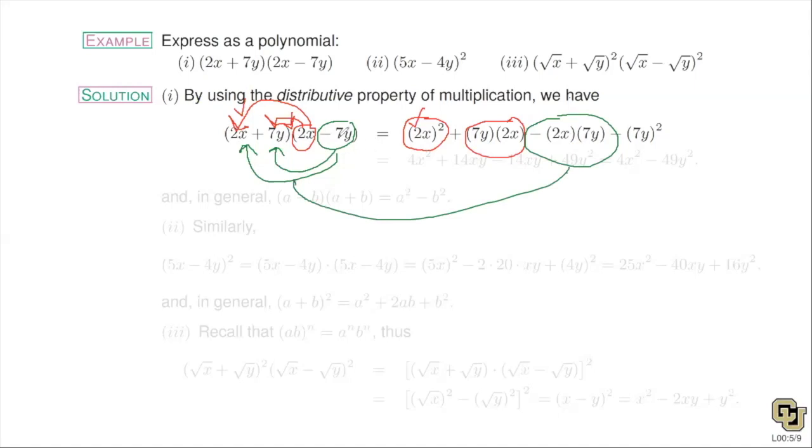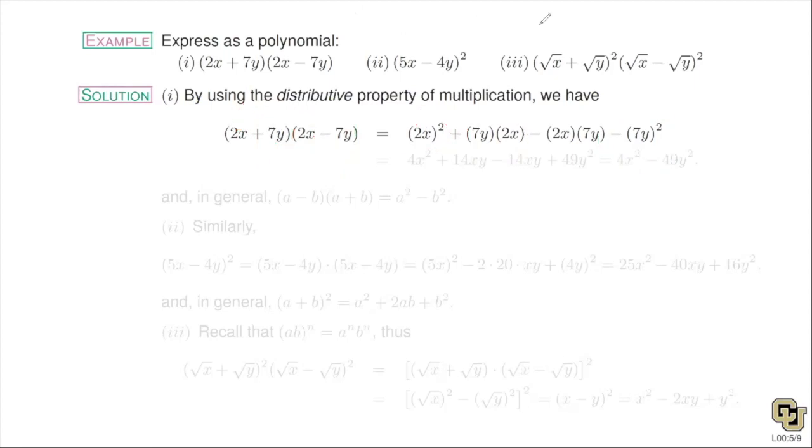And then finally, minus 7y times plus 7y. I have minus 7y squared, which is right here. That's a minus sign right there. So here I have, that comes from this multiplication, minus 7y times 7y. And so you have to take a little bit of time and see the pieces moving, right?